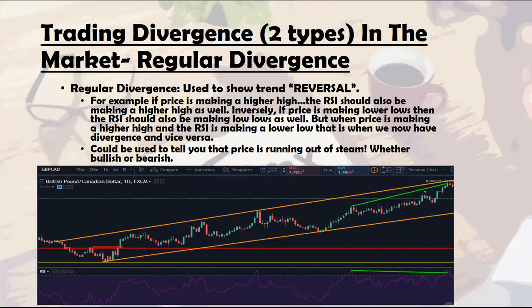Bear that in mind and understand the difference between regular and hidden divergence, because that will be on the exam this Friday. Keep a fresh memory on the difference, along with a couple of little details here and there, and you guys should be fine.